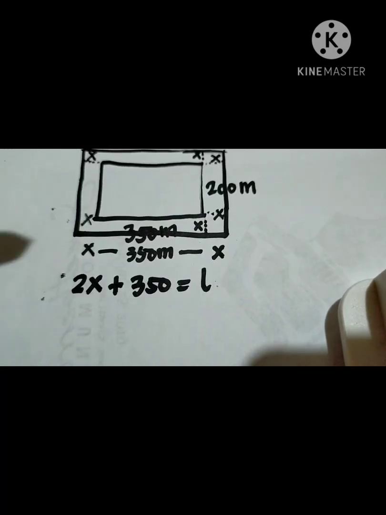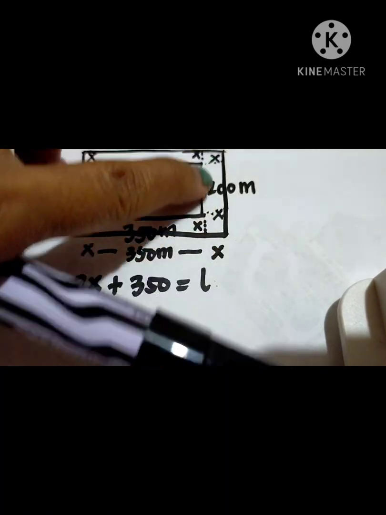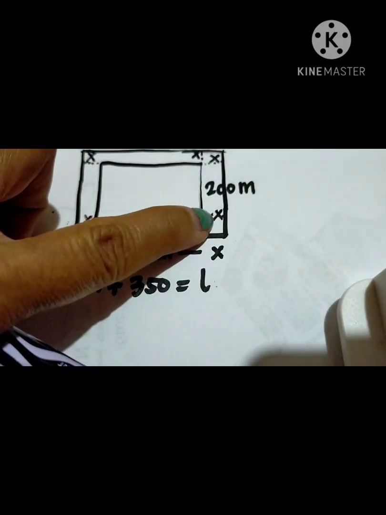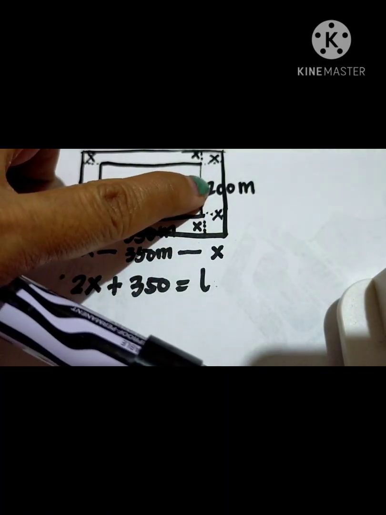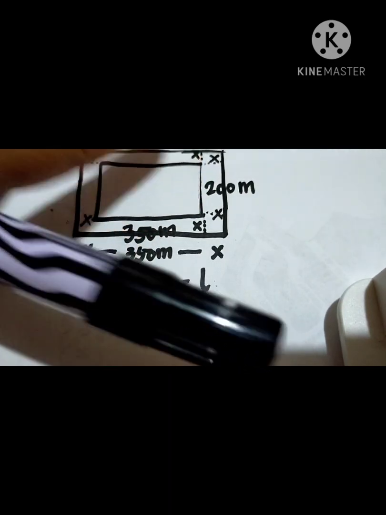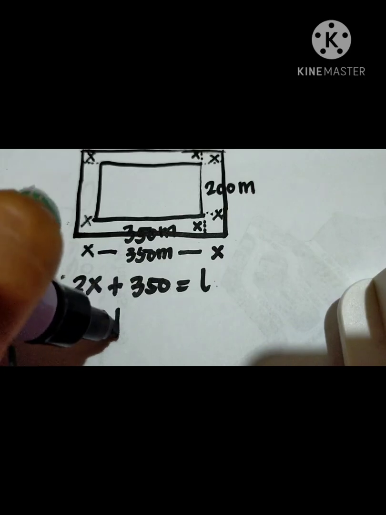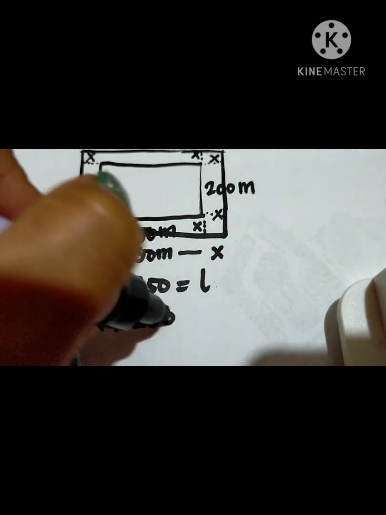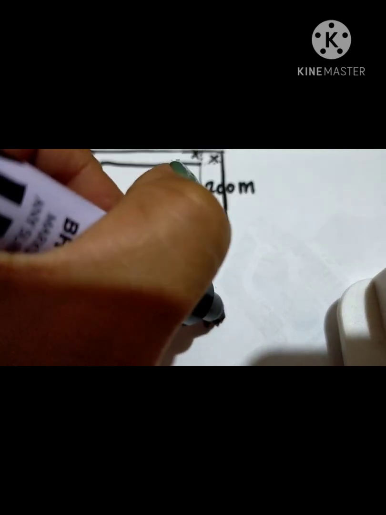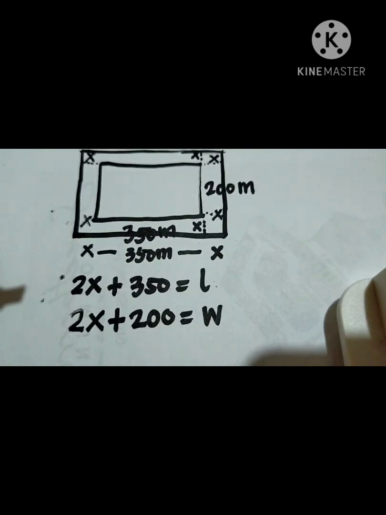For the width, that would be x plus 200 meters plus x, which is 2x plus 200 meters.